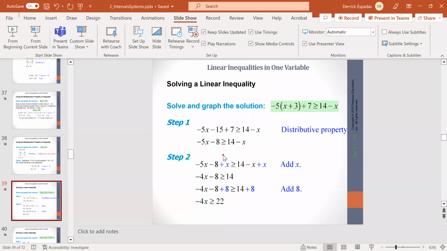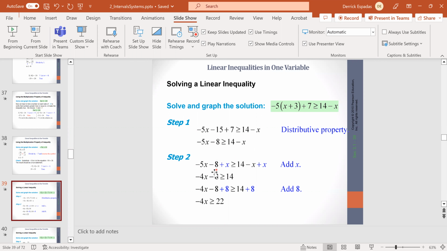So now we just need to get the x all to one side. In this case, let's get rid of the x on the right-hand side. Since it's negative x, the opposite of the minus is positive. We're going to add x to both sides, that we can see down here in step 2.